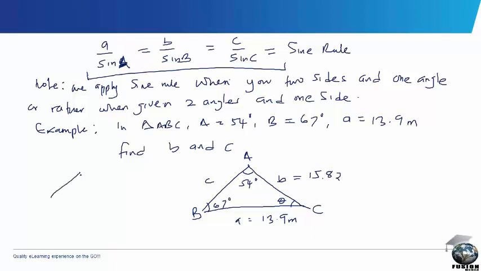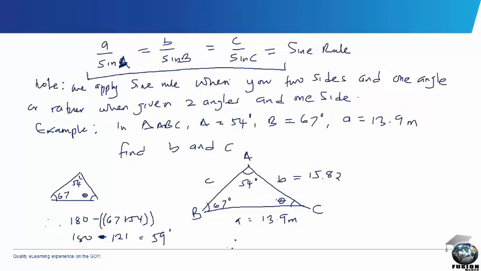But if you want to find the angle subtended at C, where we have theta, we know that the total angles in a triangle is 180 degrees. So to find the missing angle, it is 180 minus 67 plus 54. 67 plus 54 gives a total of 121, so we have 180 minus 121, which gives 59 degrees as theta.